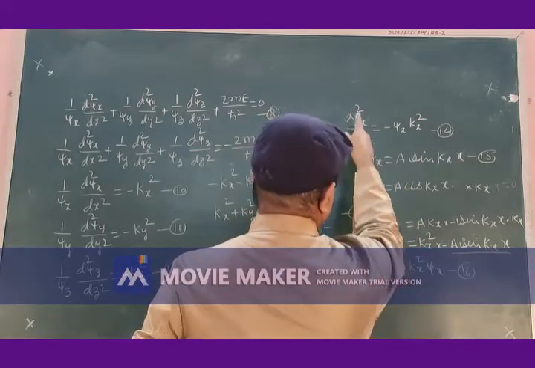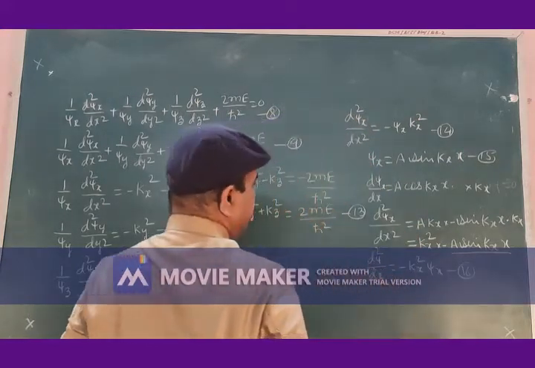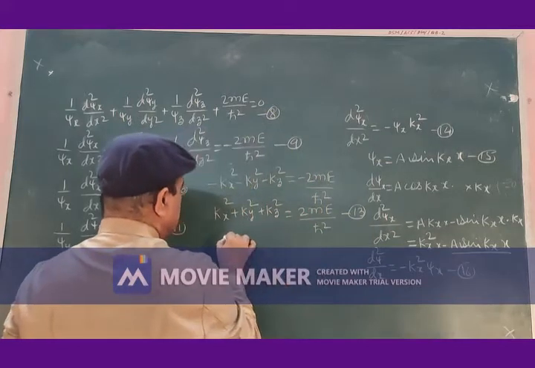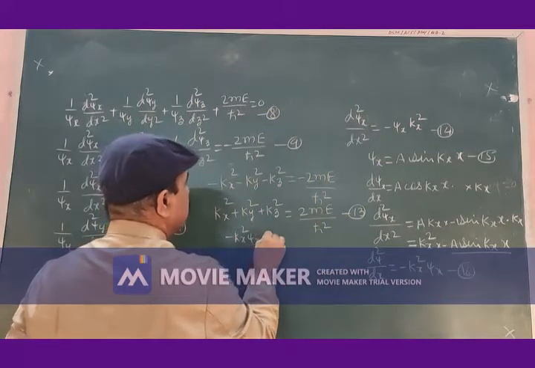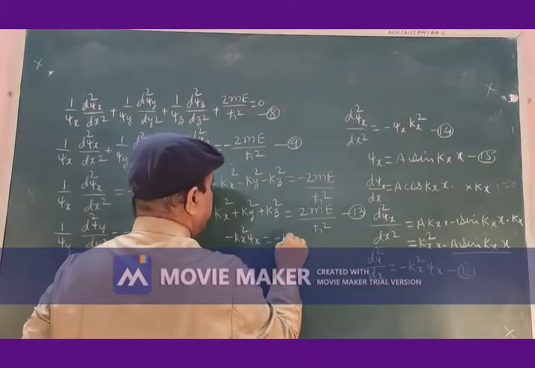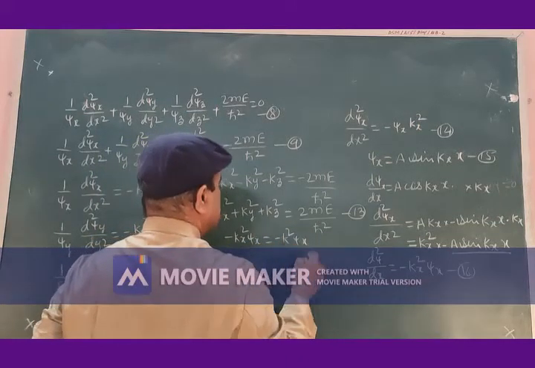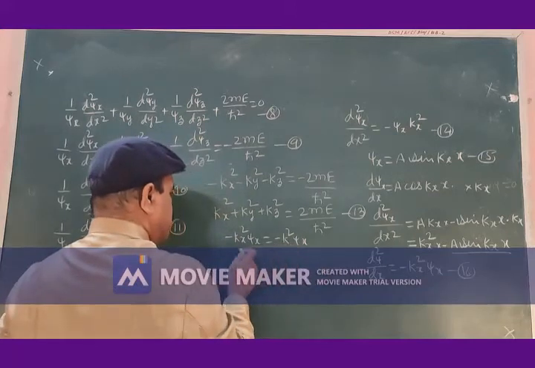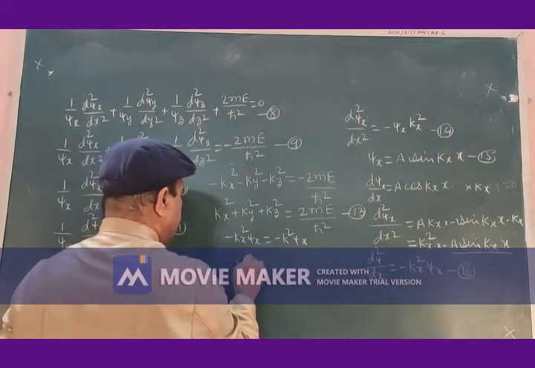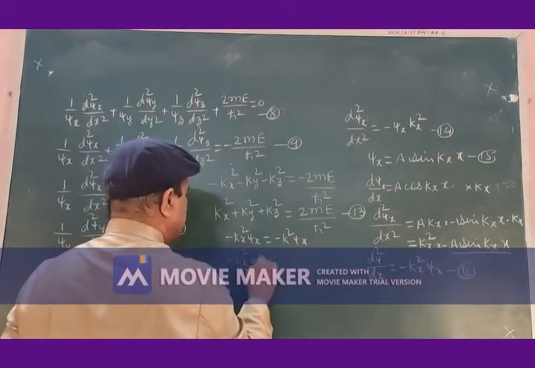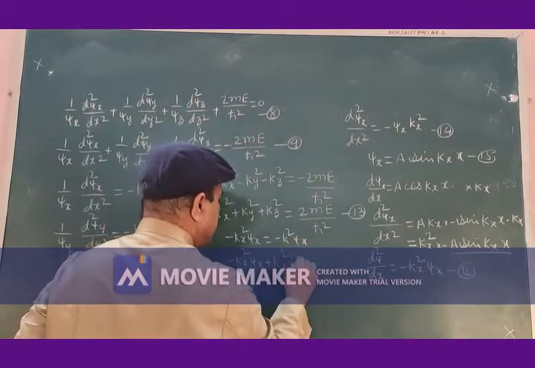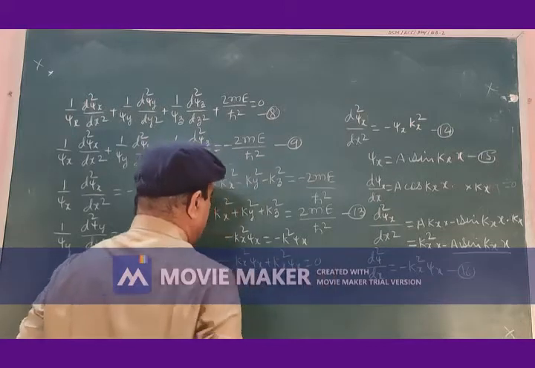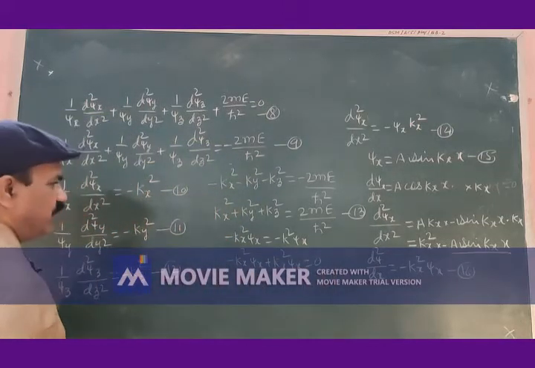Let us substitute the value from equation 16 into 14. It is the value of d2 psi x by dx square. So what will this be? Minus kx square psi x is equal to minus kx square psi x. Take this to this side: minus kx square psi x plus kx square psi x is equal to 0.